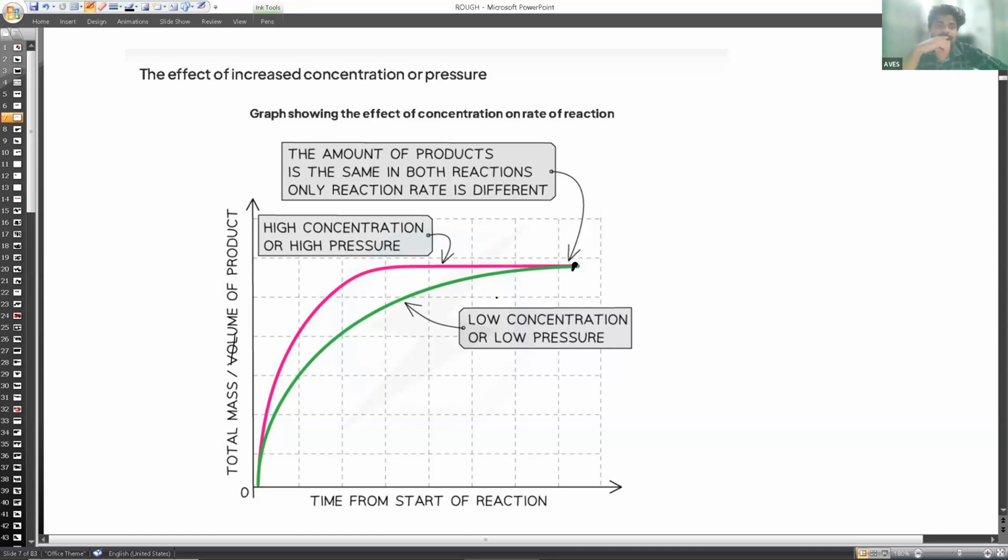Okay. So now you understood the graph. Yes. So this is the effect of concentration on the rate of reaction. Got it? Yes.